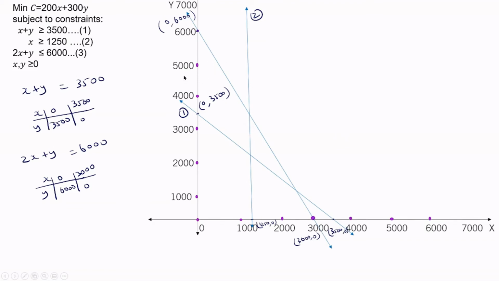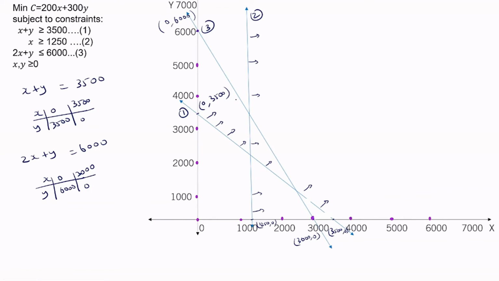Now let us find the feasible region. Now x plus y greater than or equal to 3500. This is the third. It will be this part. And then x greater than or equal to 1250. The region corresponding to this inequality is this region. And then 2x plus y less than or equal to 6000.